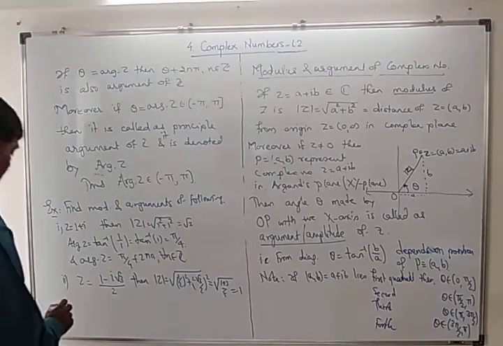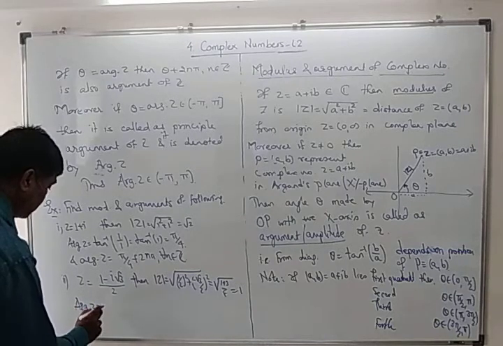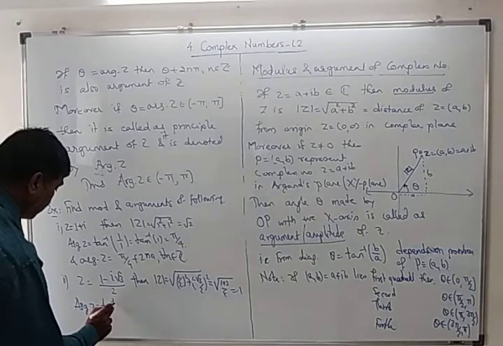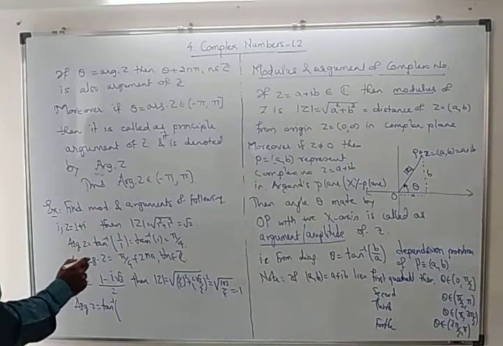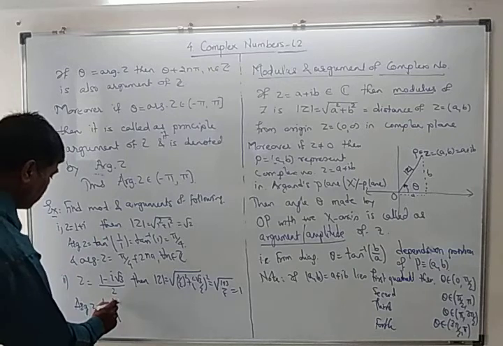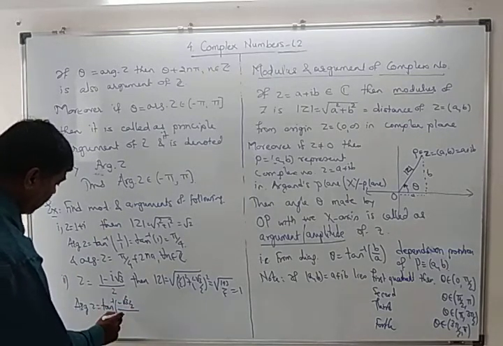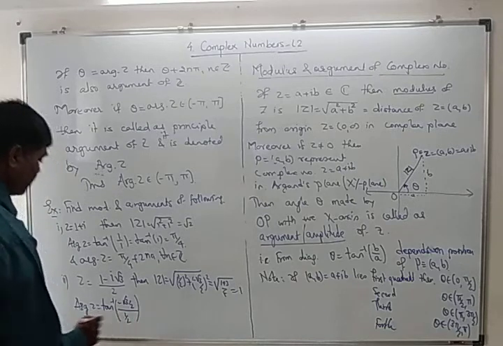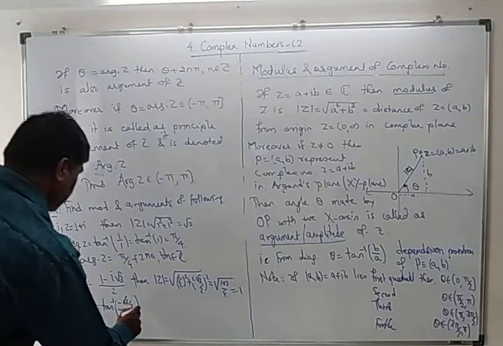And argument of z is equal to tan inverse of b by a. What is b? Minus root 3 by 2 upon 1 by 2, which is tan inverse of minus root 3.